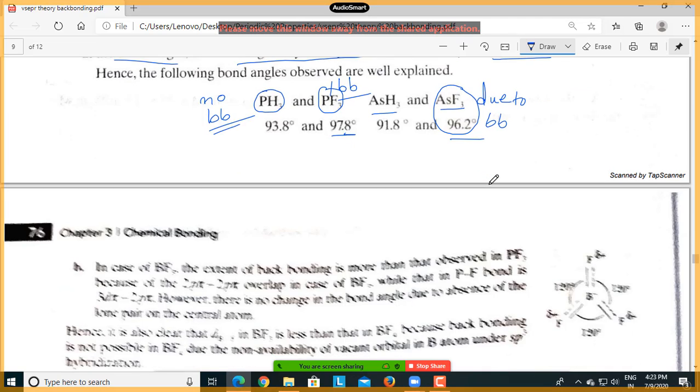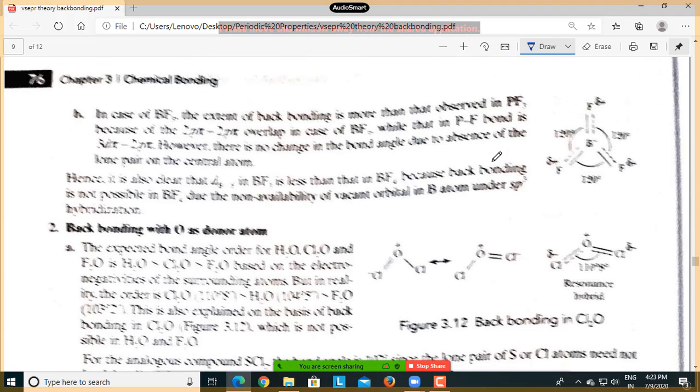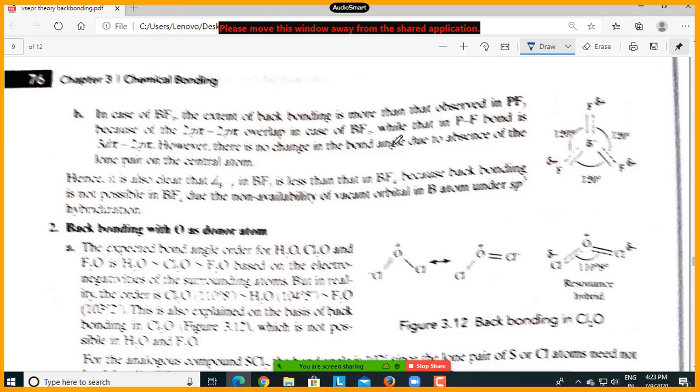Okay, so boron, if you take, is there, one is two. Picture bonding hazy it will be excited to this one.